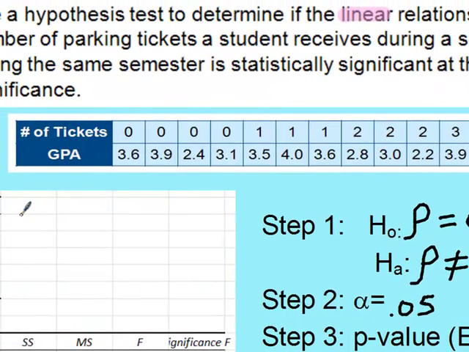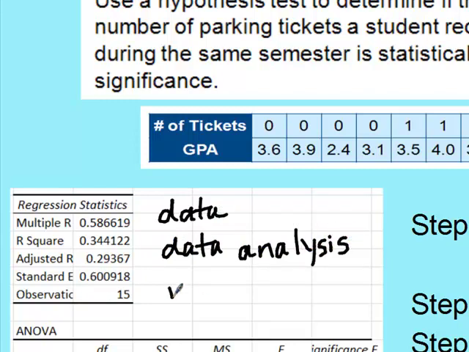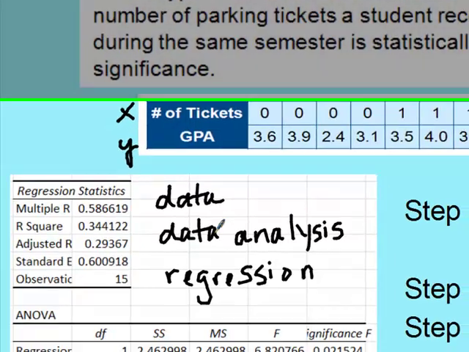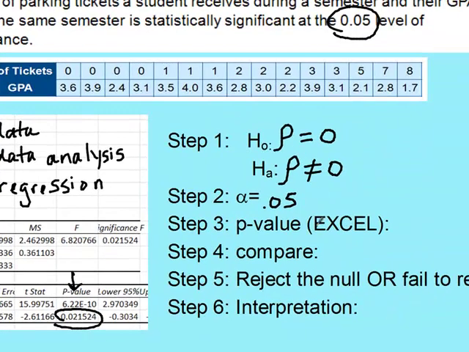To get this printout, I would have gone to Data, Data Analysis, and then touched Regression, where I would have used X as my number of tickets, what happens first, and Y as my GPA. When I get that value, I come up with a p-value of 0.021.